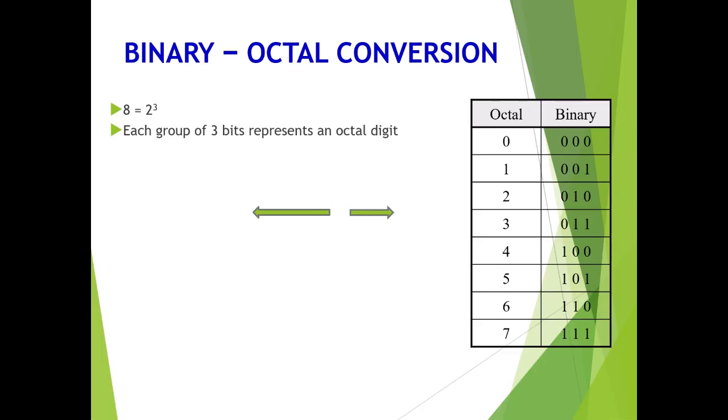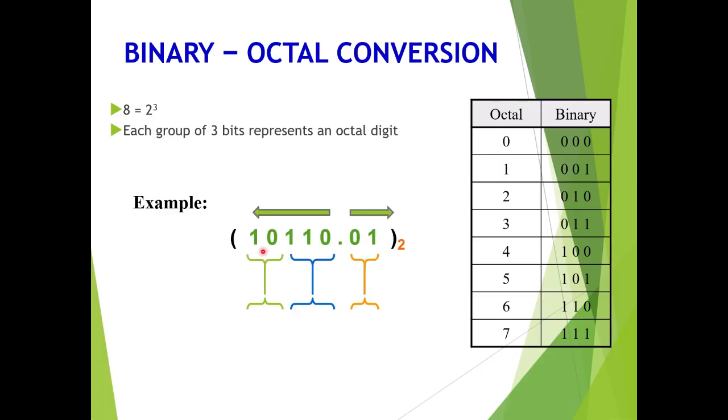This is the tabular column. Then I am taking a binary number 10110.01. First thing we have to do is group by 3. So here 110 is one group; we have to take from the decimal point. Then next 0 1, then you include 10. If you include 10 on the left hand side, it is not going to change the value, so you will be having this.